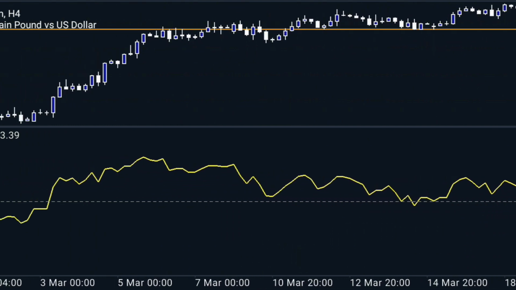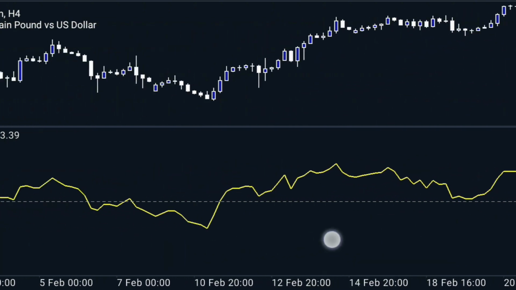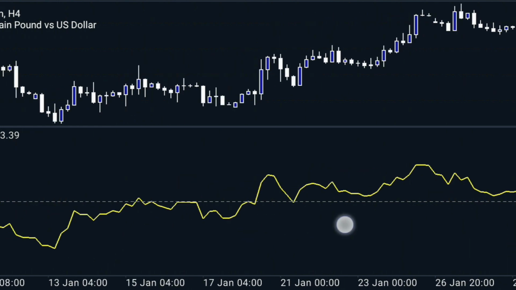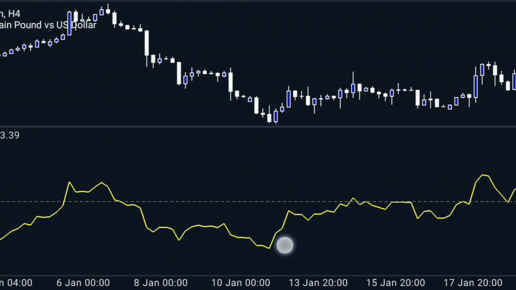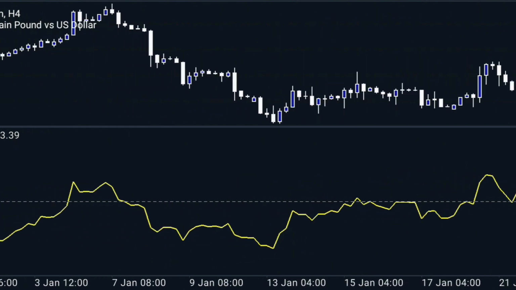You can see here it has been above the 50 level, so we can say it is bullish. This is on the 4-hour chart. Have you seen here it has been below the 50 level, so we can say it is bearish.